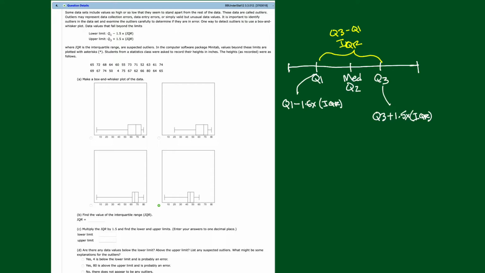So data values that lie in this range right here, or this range, are suspected outliers. Let's try this problem, and hopefully this will clear this up.